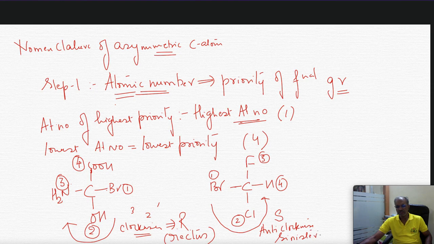Sinister means on the left-hand side. So you have understood what is meant by R configuration and S configuration. If the priority of atomic numbers is in a clockwise direction, then it is R, and if it is in the anticlockwise direction, then it is S. So this is R and S nomenclature of a particular asymmetric carbon atom.